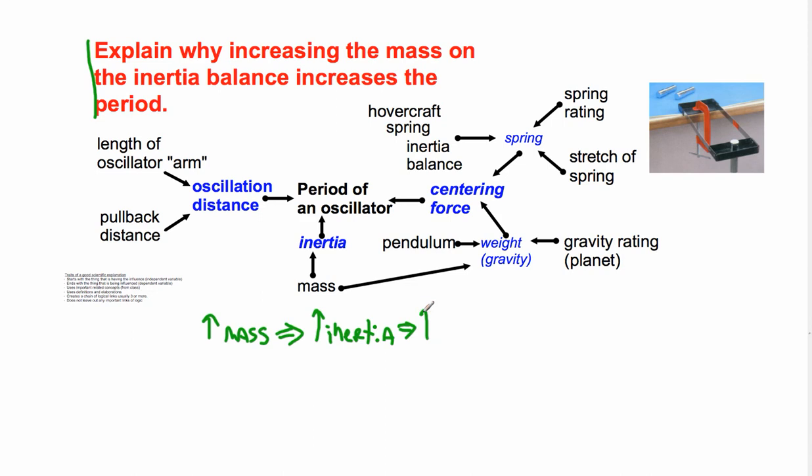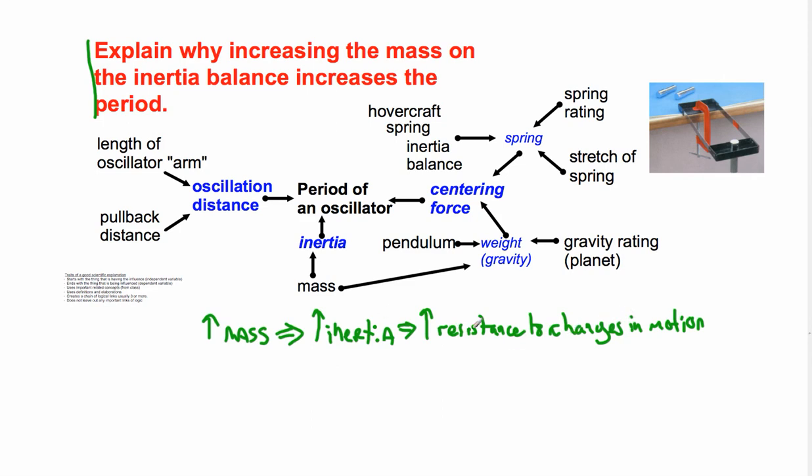Greater inertia means a greater, and now we can put the definition in here, resistance to changes in motion. The inertia balance undergoes many changes in motion. It speeds up, it slows down, it stops, it turns around.